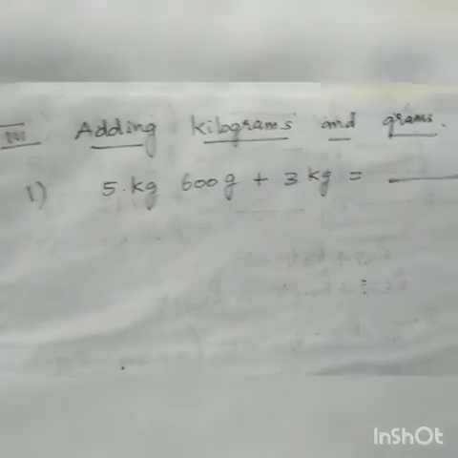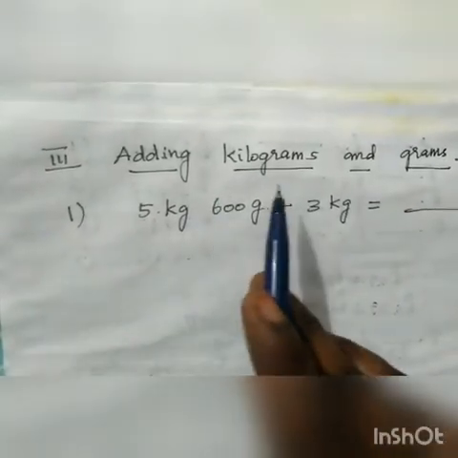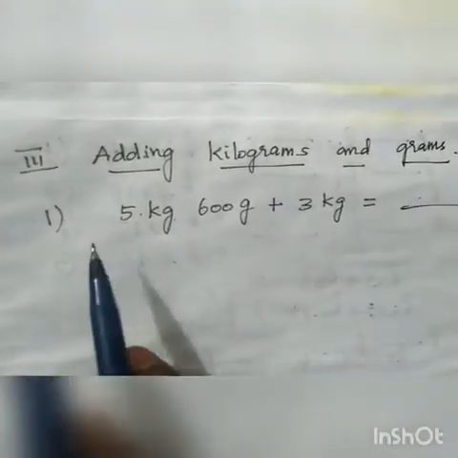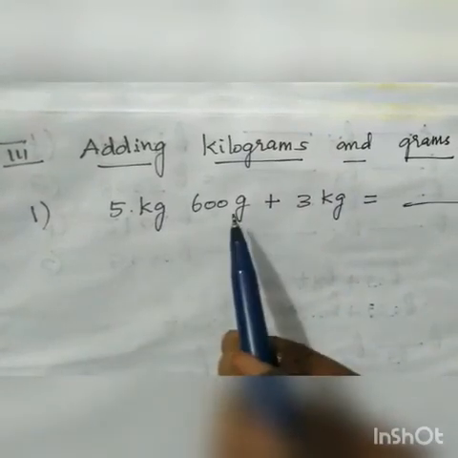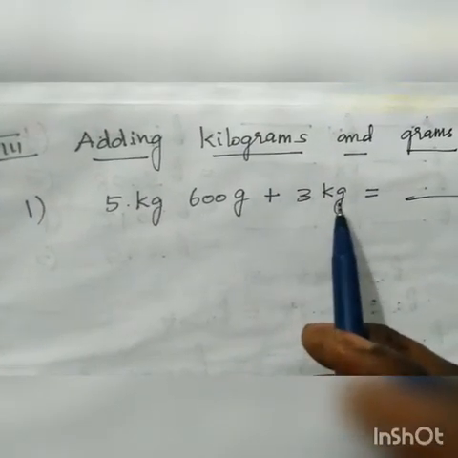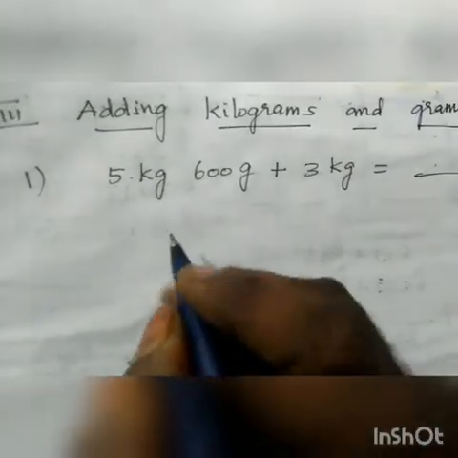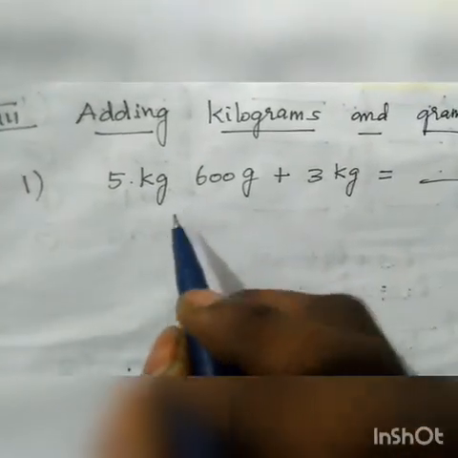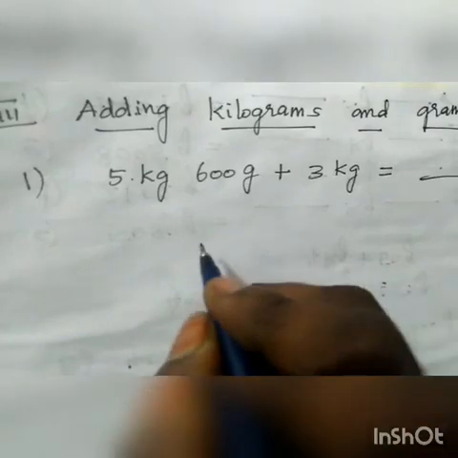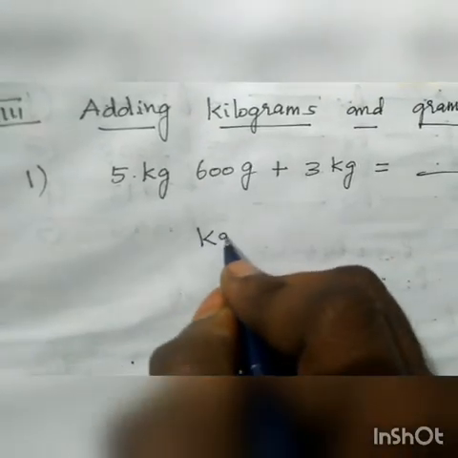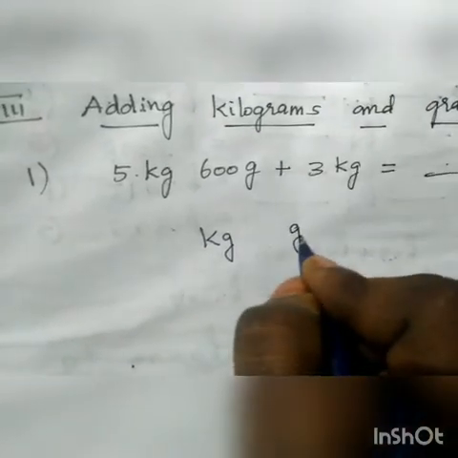Third, adding kilograms and grams. Here 5 kilogram 600 gram plus 3 kilogram is given. We have to add these two values. Before going to add this, we have to write kg and gram separately. Kg and g, gram.